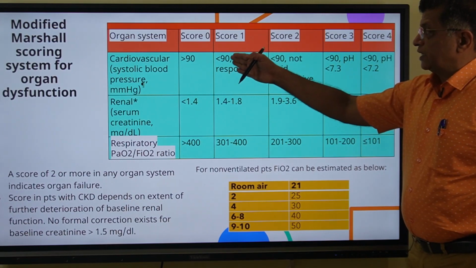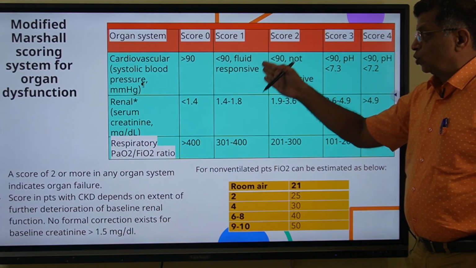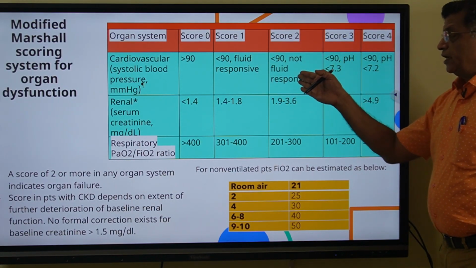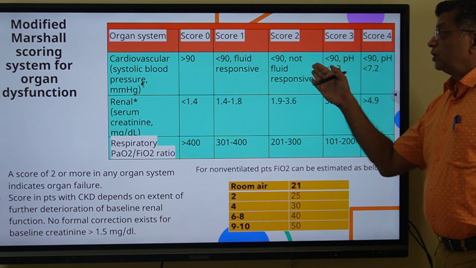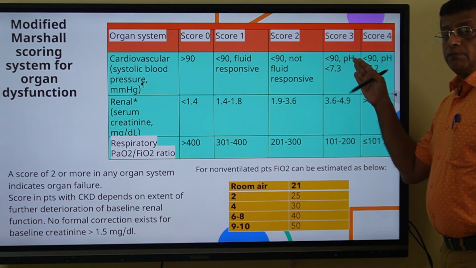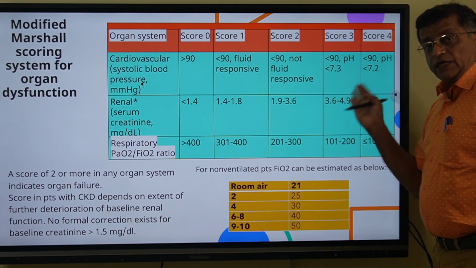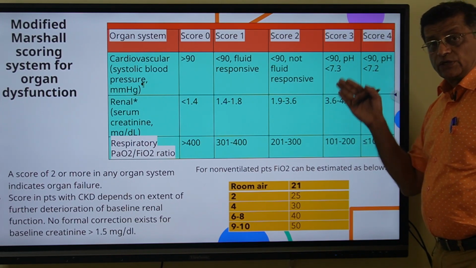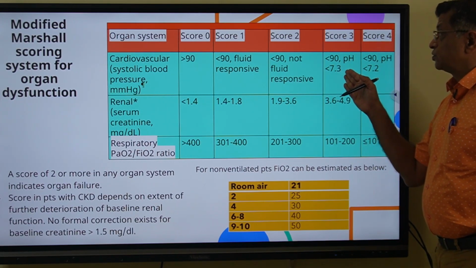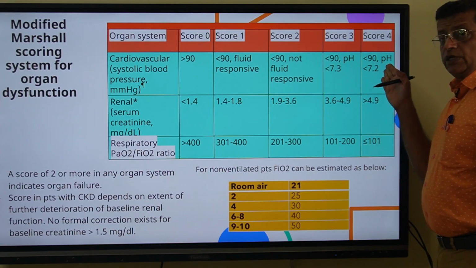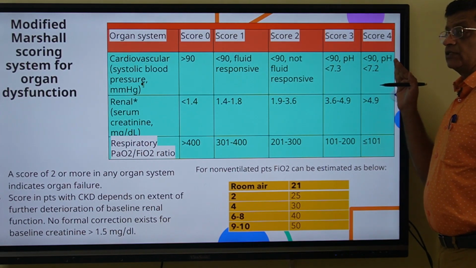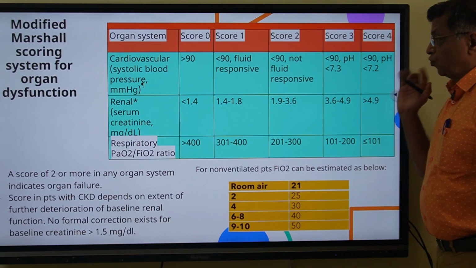If the BP is less than 90 but it's fluid responsive, score 1. BP less than 90 but not fluid responsive, then score 2. If BP is less than 90 plus pH is also less than 7.3, that is, the patient also has acidosis, then it becomes score 3. And if the BP is less than 90 and pH is less than 7.2, then score 4.